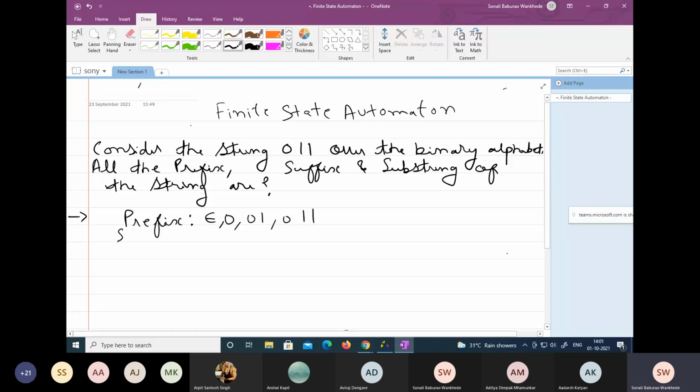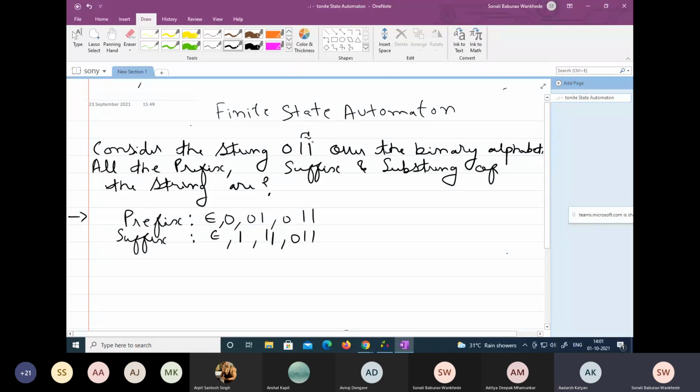This is my prefix. Similarly, my suffix will be epsilon. It starts from the last. Then you will have 1, then 11, then the complete string 011.